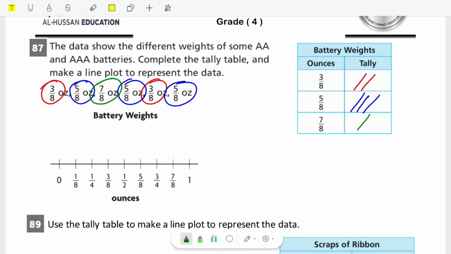After that we're going to put the number of repetitions with x's on the number line. So 3 over 8, we're going to put 2 x's on top of 3 over 8. 5 over 8, we're going to put 3 x's on top of it, and 1 on 7 over 8.